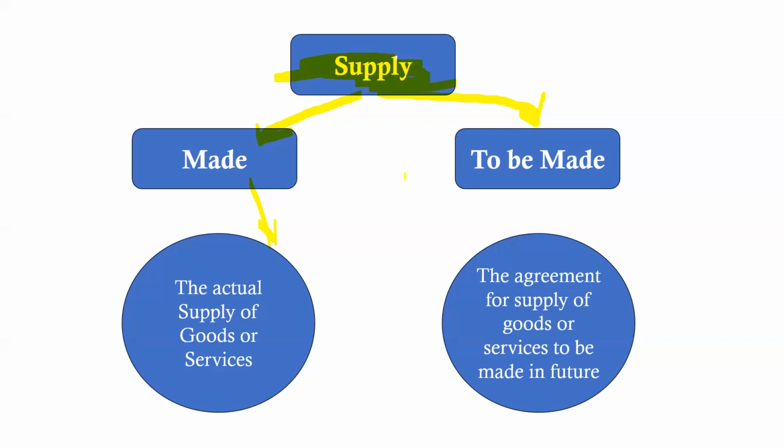So this is giving an assurance that it will be given in the future, like a future contract. Here the agreement for the supply of goods or services is to be fulfilled in the future. If you could see the difference over here, the chart is something like this.